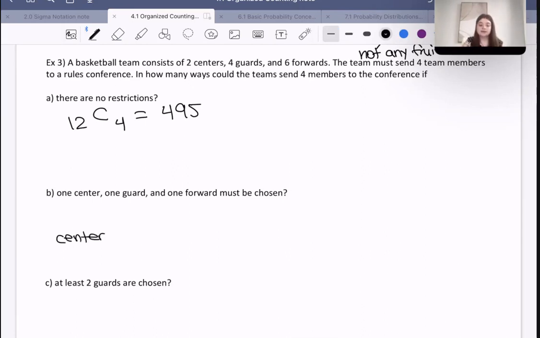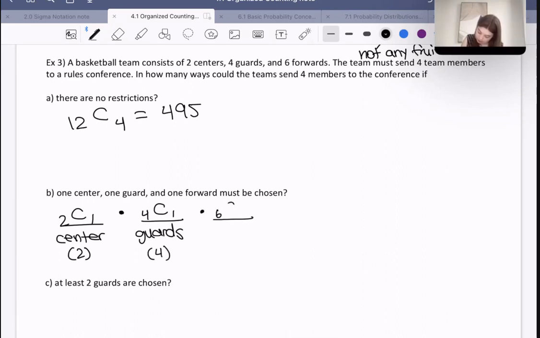So for centers, there's two different centers, right? So this would be two, choose one to find the number of centers. How about guards? There are four guards, and we must choose one of the guards to go, right? And then for forwards, there are six of them. So six, choose one.